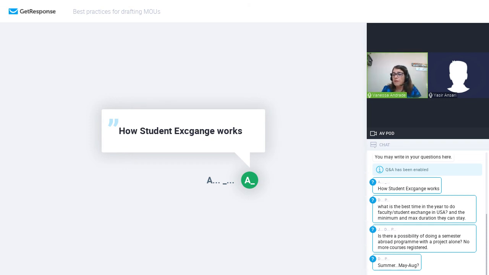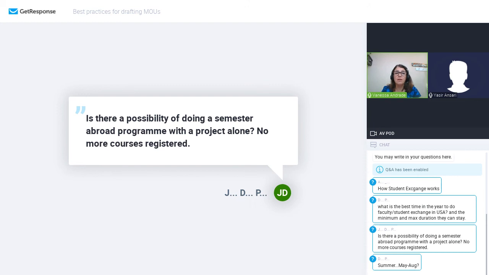So there is no set answer; it really depends on the agreement you have with the faculty handling that and what the goal is. Does that answer?